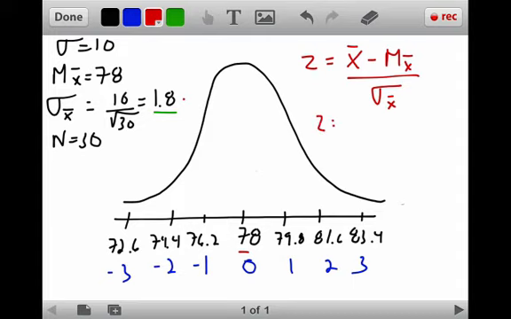Okay, so the z-score is equal to 60 minus 78, divided by 1.8. So the z-score that you get is minus 10. Okay, so that's a z-score.